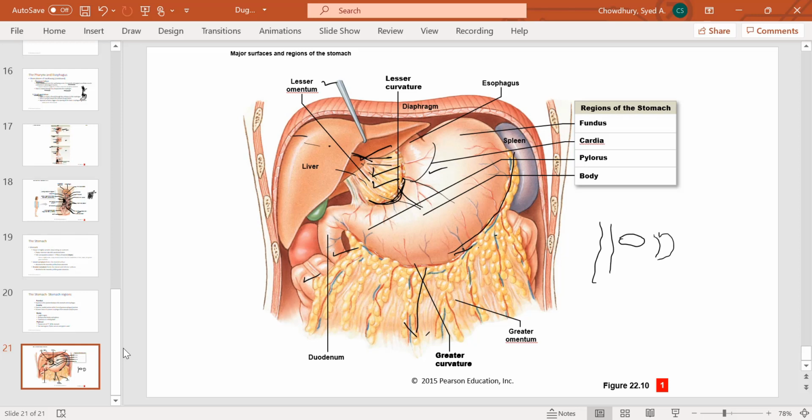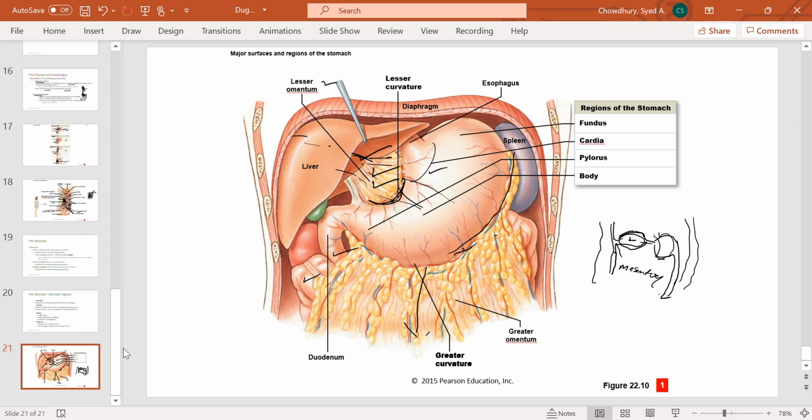So the parietal peritoneum goes inwards and forms the mesentery, and then covers the liver first, and then goes to the stomach and covers the stomach, and then drapes down all the way downwards.